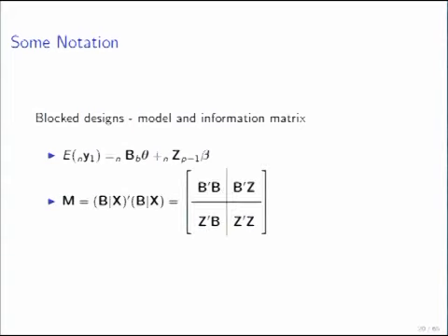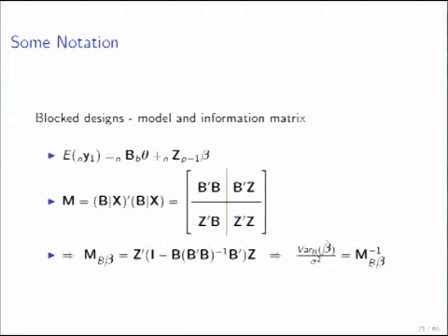The information matrix can be written like that, and the information matrix for the beta parameters can be written in this way, and we get the expression for the variance of the beta hat. So I will use this B here to indicate that the design is blocked.